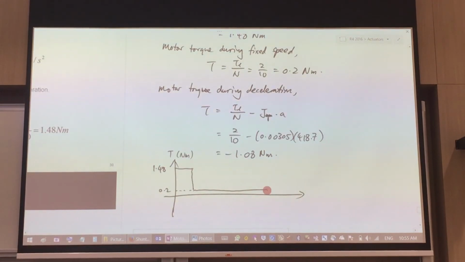And for deceleration, it's going to come down to this level, that is minus 1.08 newton meter. It is carried on for 0.5 seconds. And this one is for 0.5 seconds.